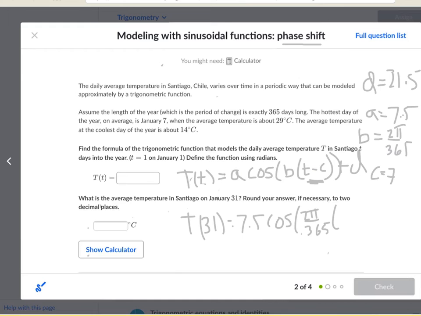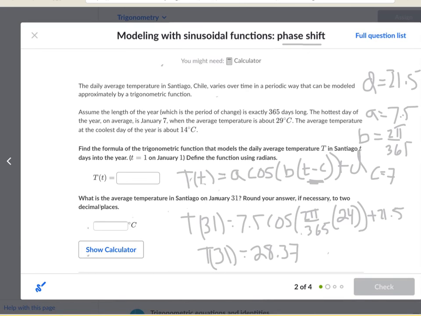Okay, so now we want it when t is equal to 31. So I would have to put a 24 there because 31 minus 7 is 24. And then I have to put in my plus 21.5. And I'll pause it and hit the calculator and get a number.